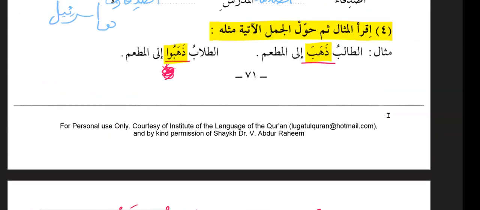Good. التاجر ذهب إلى السوق. التجار ذهبوا إلى السوق. Yes, التجار ذهبوا إلى السوق. نقف هنا.